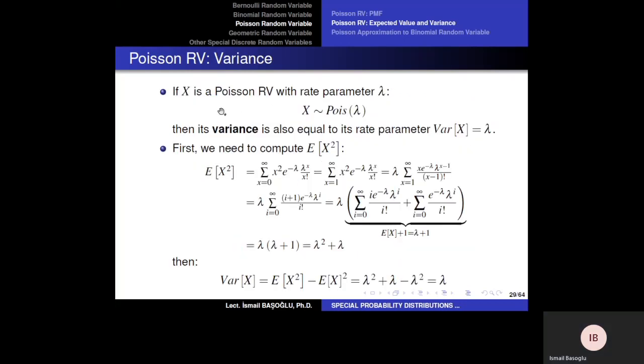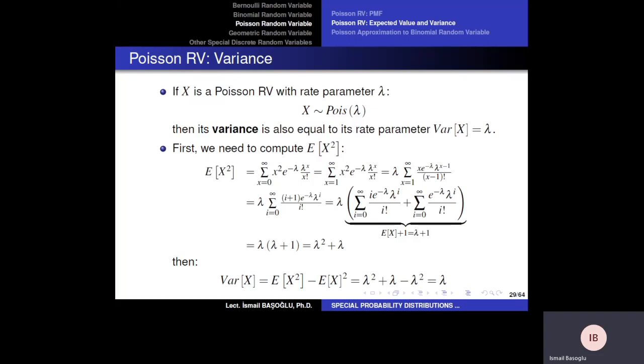Now, we compute the variance of the Poisson random variable. So how do we do it? Now, suppose we have a Poisson random variable X with rate parameter lambda, and the statement says that the variance of this Poisson random variable is also equal to its rate parameter. So the variance is also equal to lambda. Why? Actually, we can answer this in a very simple manner.